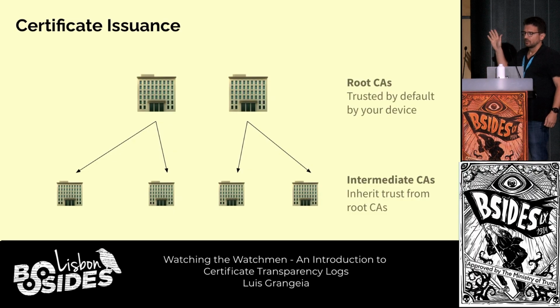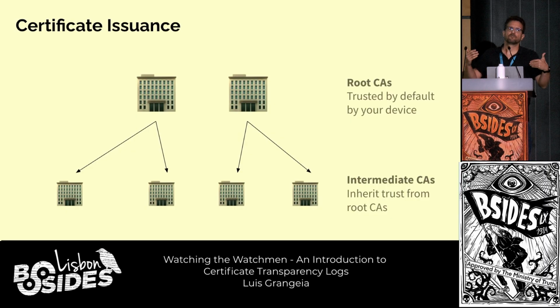There were root CAs, or certificate authorities, that were trusted by default by your computer, by your Android, by then it was starting, by your Windows, etc. They didn't issue all of the certificates. They couldn't. There were just too many certificates to issue.